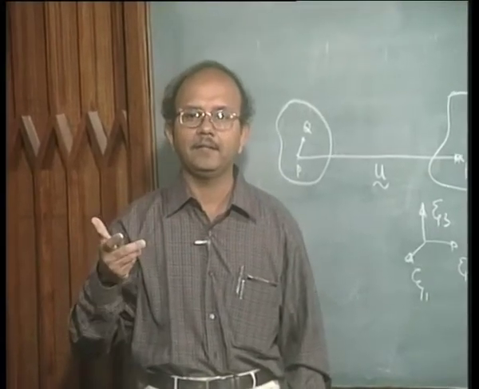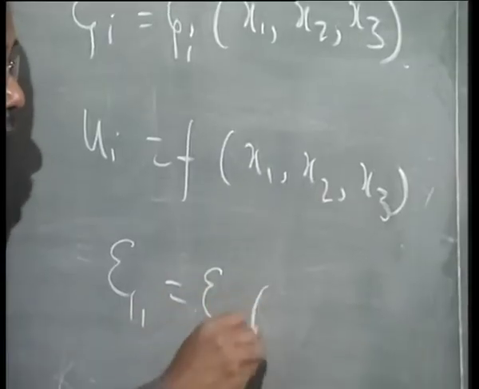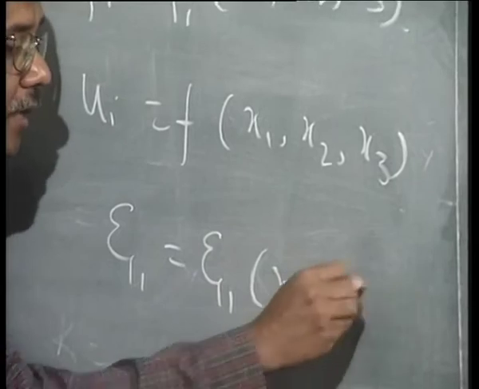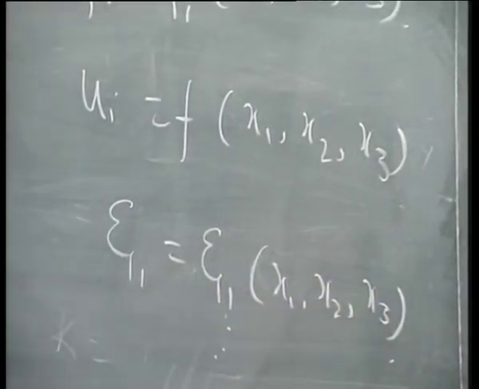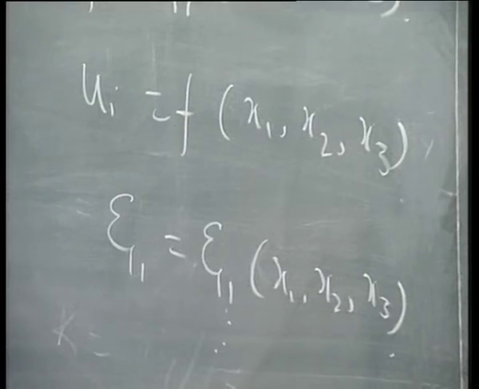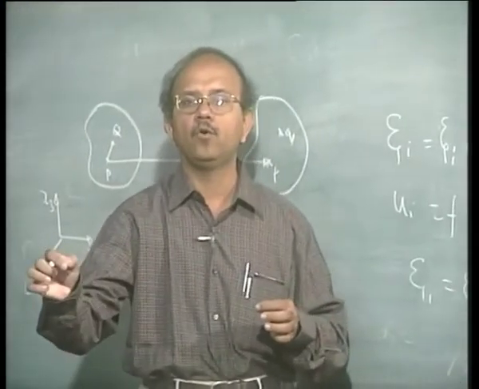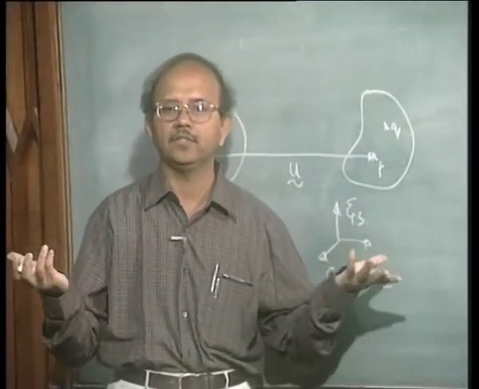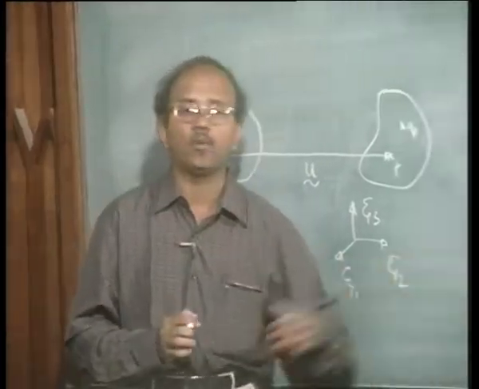Instead, if I write psi 1 is equal to psi 1 of x1, x2 and x3 instead of f1, I will know exactly what this function is. I can say this is 2x1 plus 3x2 squared plus 4x3, something like that. That's a function, for psi 1.